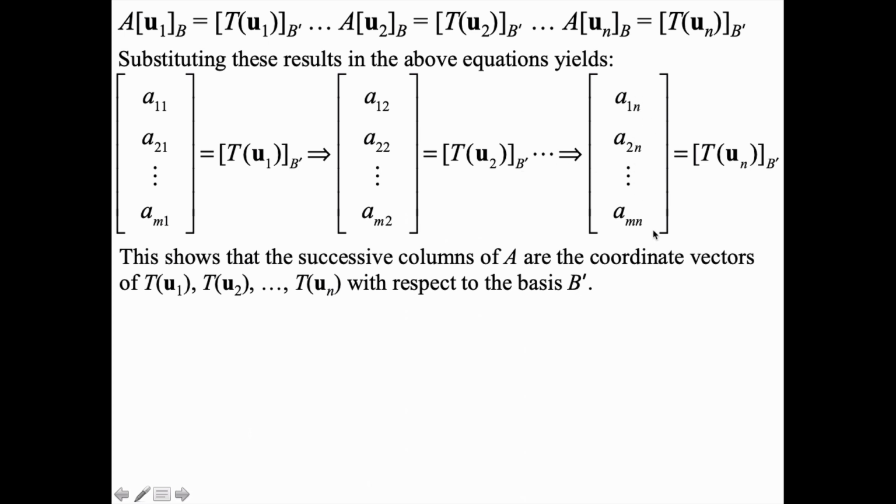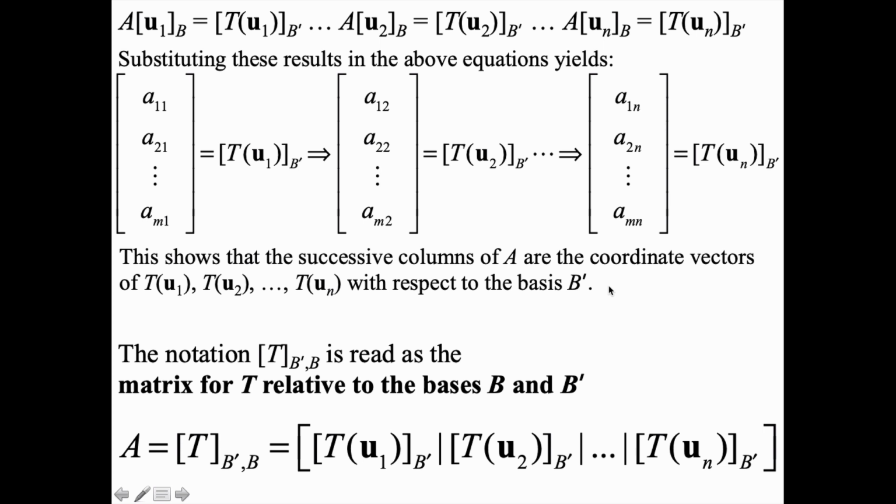The last column represents the coordinate vector for the transformation of u sub n relative to B prime. So this really shows that the successive columns of A are the coordinate vectors of all the transformations from u1, u2 to un with respect to the basis B prime. If you put them together, they make what's called the transition matrix, if you will, or the transformation matrix T that we've been seeking to go from one space to another.